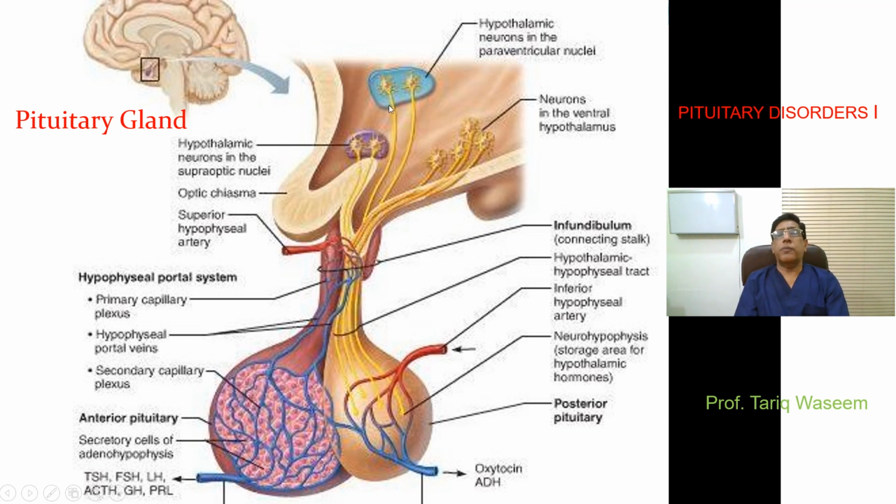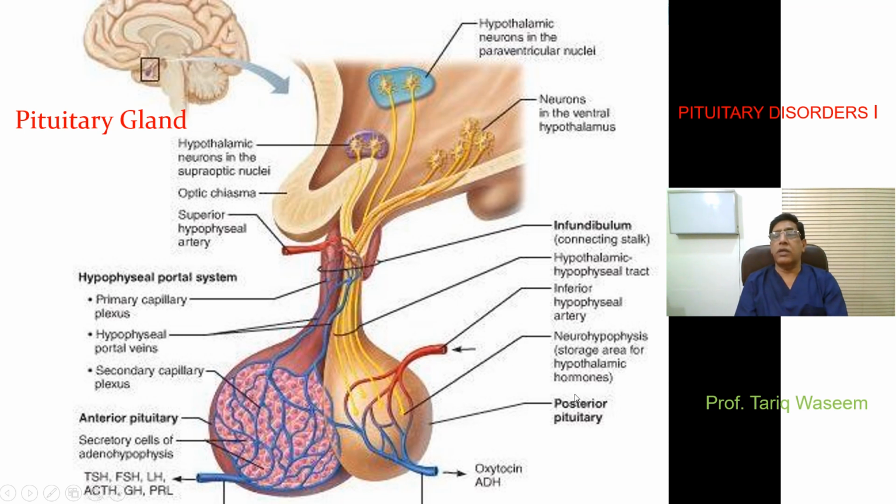But when you go on to the posterior pituitary, that is something unique: you have these first order neurons in the hypothalamus, and their axons end up directly in the posterior pituitary as nerve endings, and it is these nerves which release certain hormones which are then taken up by the circulation from the posterior pituitary.